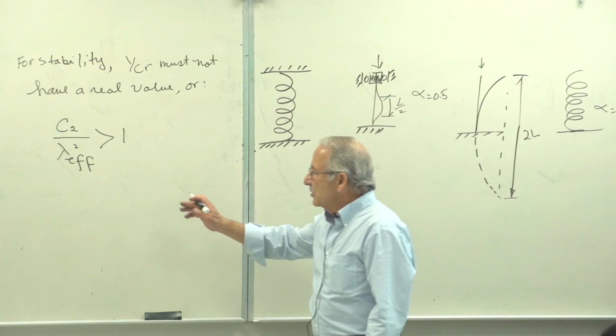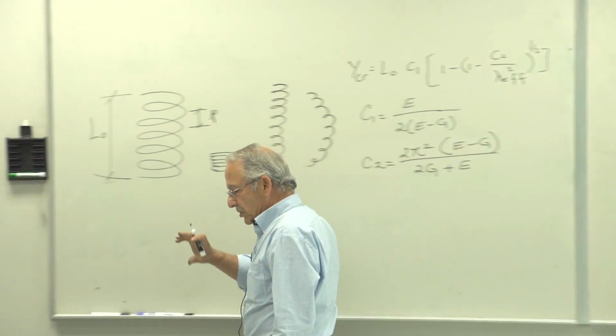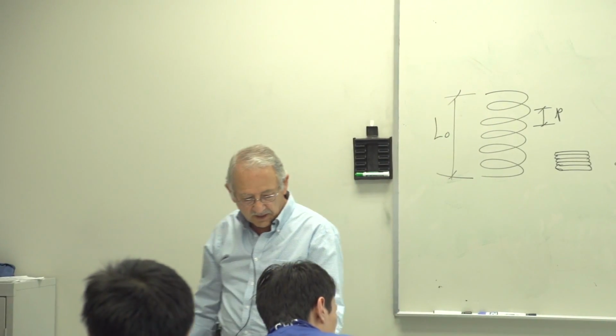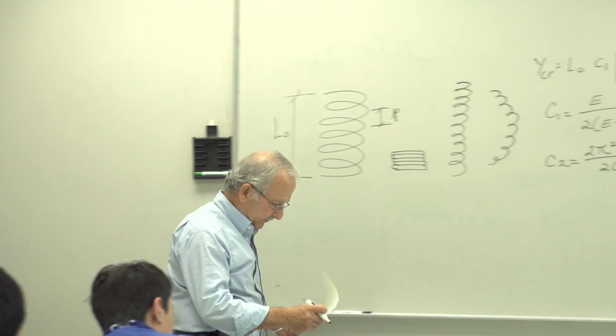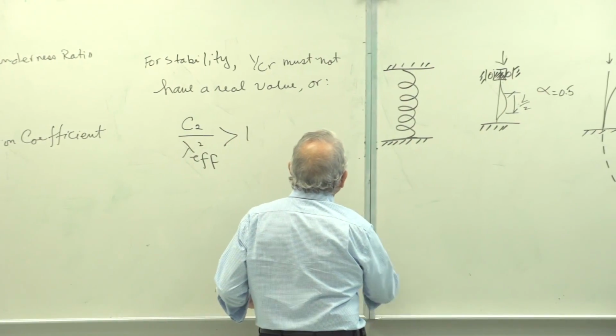If we now substitute for lambda effective from this equation, you will find a relationship between the free length and the mean coil diameter. That relationship looks like this.